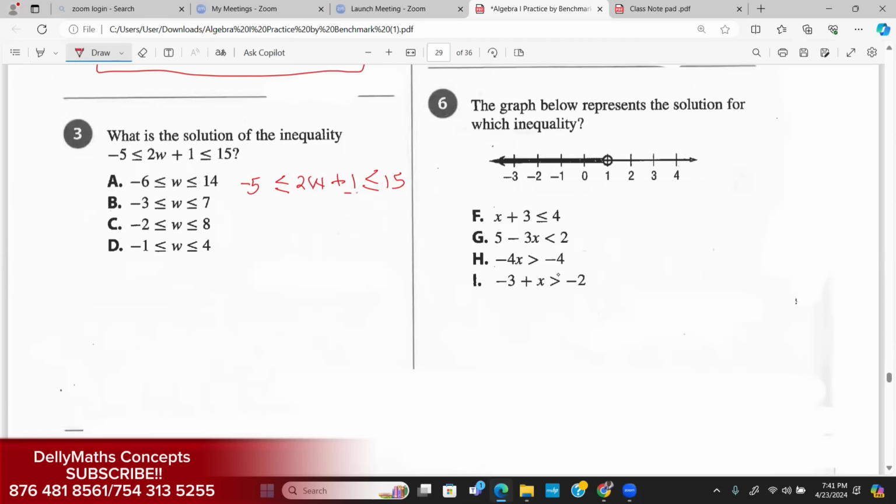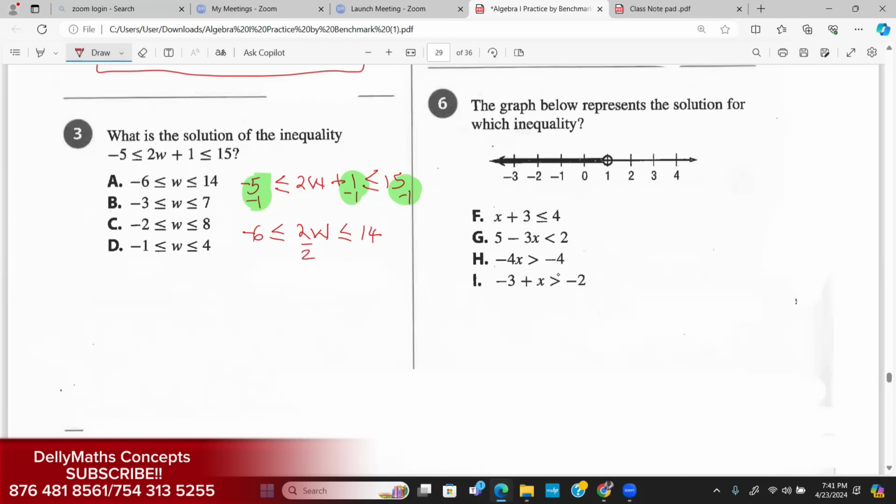So we want to subtract 1 from everything. We subtract 1 in the middle, subtract 1 here, subtract 1 there. Let's rewrite what we have: negative 6, the 1 is gone, and we have 14, because 15 minus 1 becomes 14.